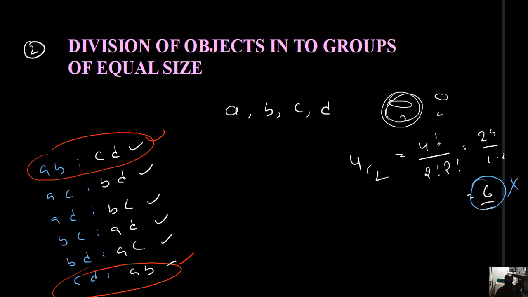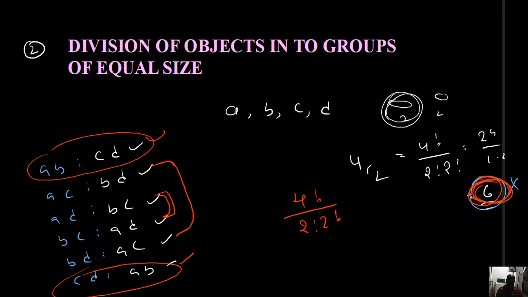So AB group, CD group is one possibility, and CD group, AB group is another possibility, but these two are treated as the same. Similarly, these two are the same, and these two are the same. What is the meaning of that? Our answer 6 is not correct. 4 factorial by 2 factorial 2 factorial is not correct.